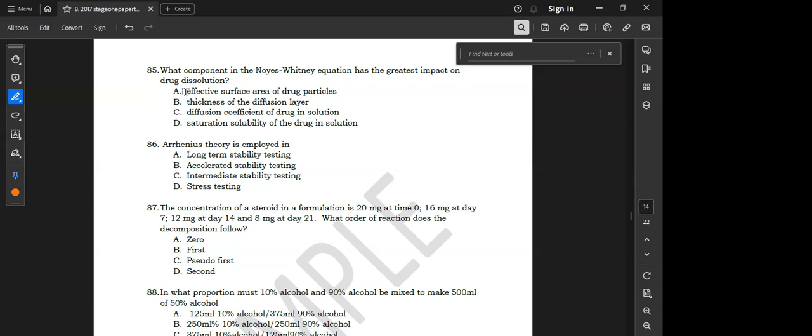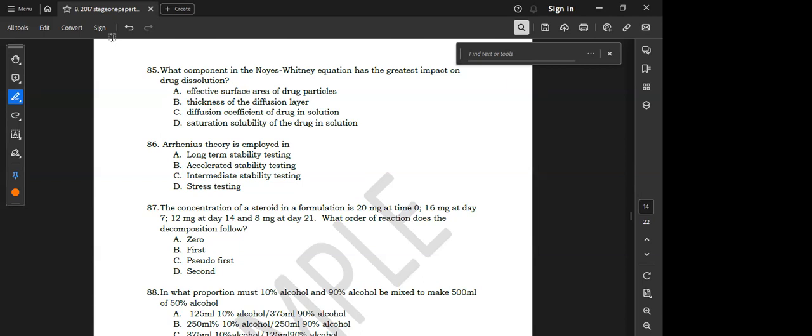Shrina, what you explained, I think all the first three make sense. The last one is odd. The first three have an impact on the dissolution, and the question is asking the greatest impact. It's not asking which one does not have an impact on dissolution.